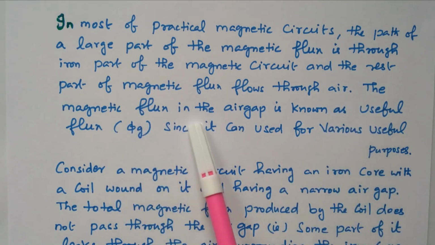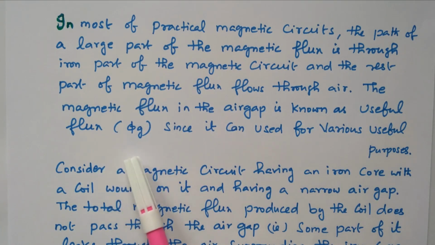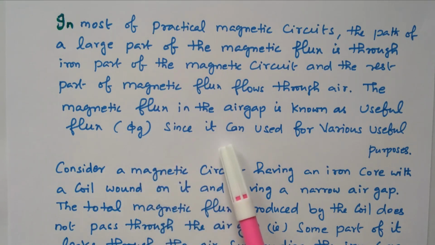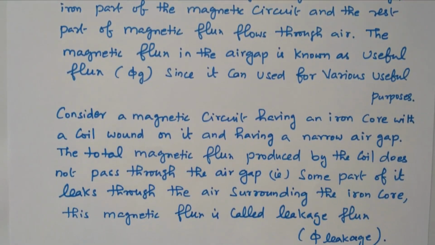So, the magnetic flux in the air gap is called a useful flux, phi g. The flux flowing through the air gap, because it is flowing from one end to another end through the air, is used for various useful purposes, so those fluxes are useful. Through the air it is passing from one end to another end, that is why it is called a useful flux.